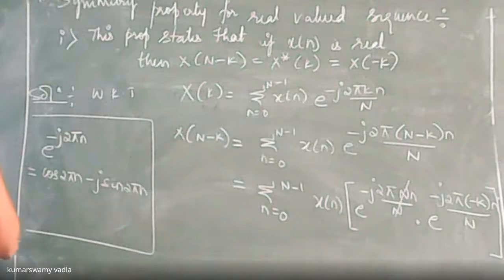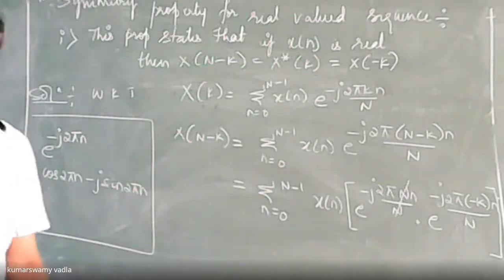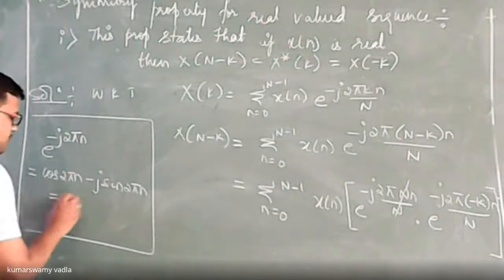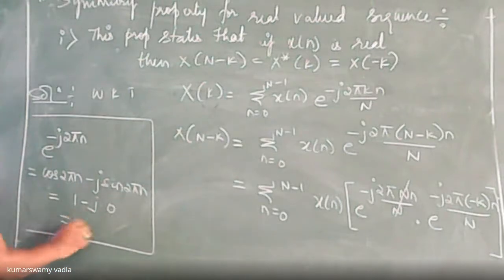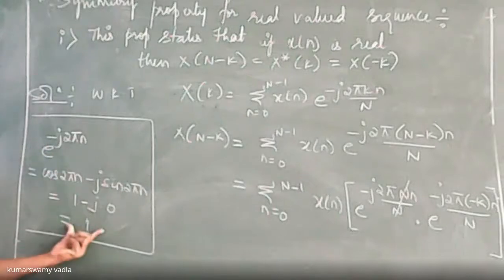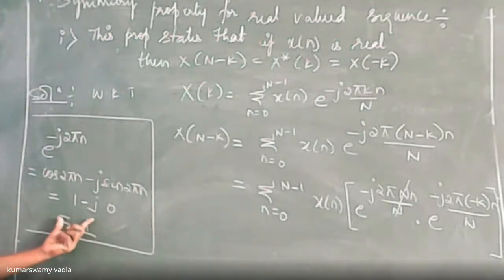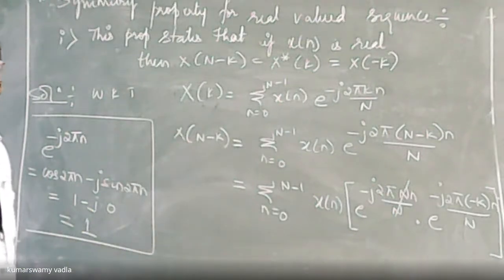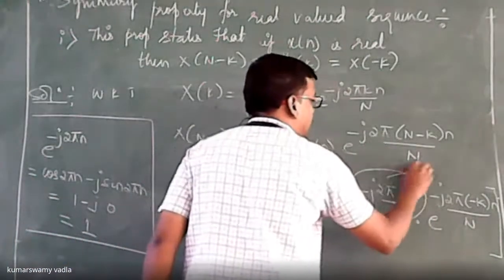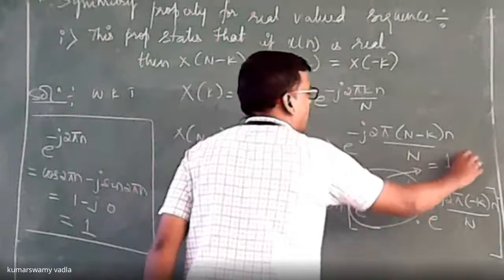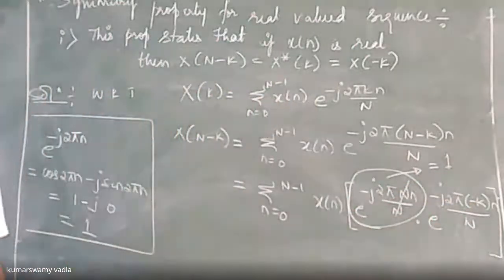What is cos 2 pi, please? 1, sir. So this becomes 1 minus j0, so this becomes totally 1. So this whole product will become 1. Is this point clear for everyone? So this whole term will lead us to 1. Is the point clear here, students?